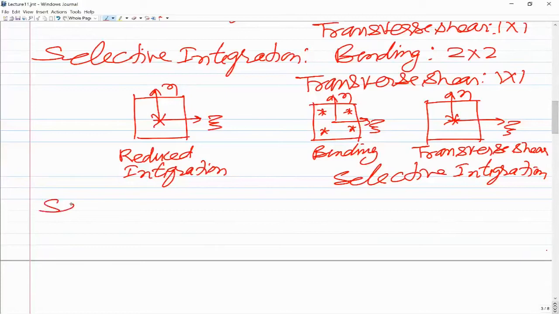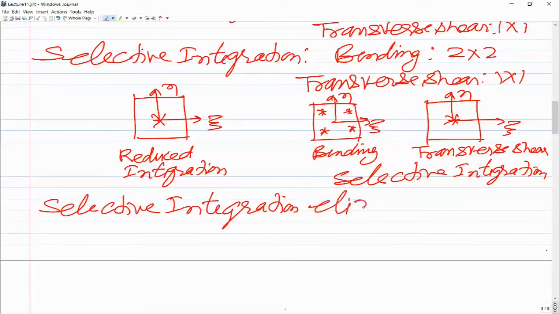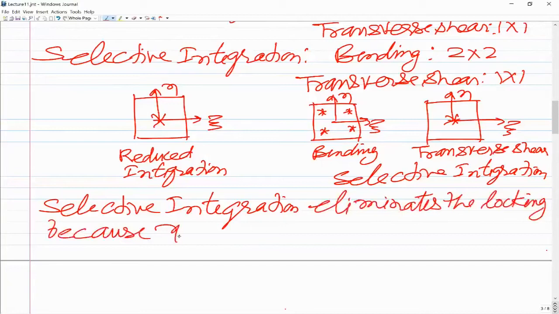So let me write that selective integration eliminates this transverse shear locking, because gamma xz and gamma yz are evaluated at the center.